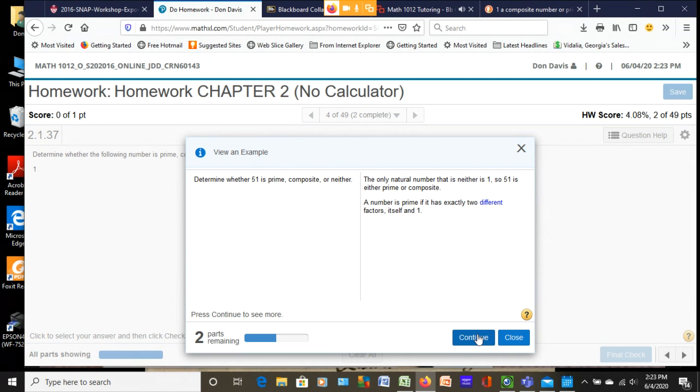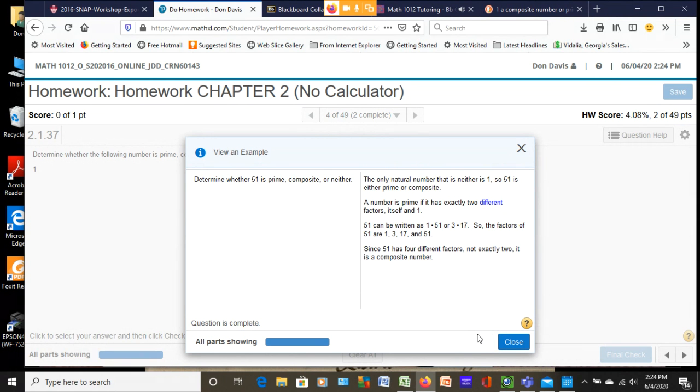A number is prime if it has exactly 2 different factors, just itself and 1. It has exactly 2 different factors, itself and 1.